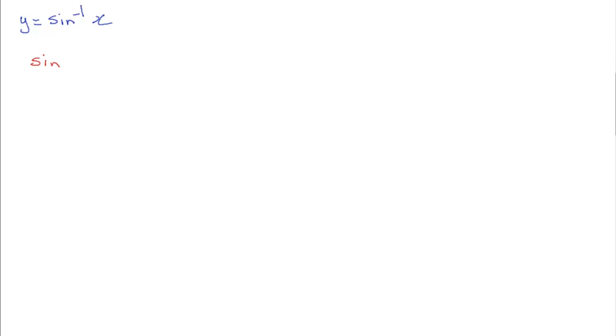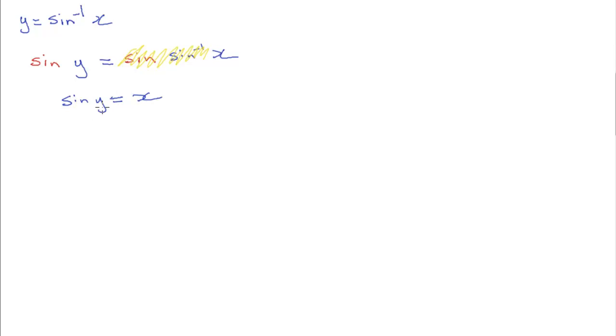So we get sine of y on the left is going to equal the sine of the sine inverse of x on the right. Now when you do that, sine and sine inverse are inverses, which means, for lack of a better word, they cancel, and we're left with the sine of y is equal to x.